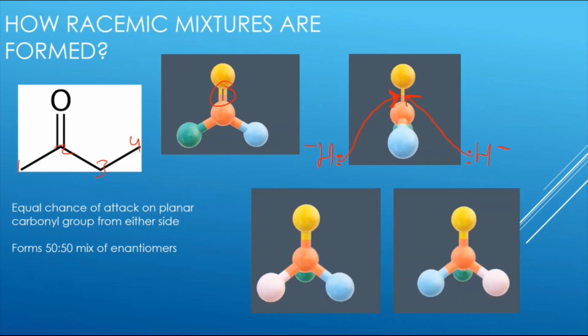So as you can see, if we attack from the left side, this would form, and if we attack from the right side, this would form. So because there's an equal chance of the two different enantiomers forming, we end up getting a 50-50 mix of these enantiomers, and that's how a racemic mixture is formed.